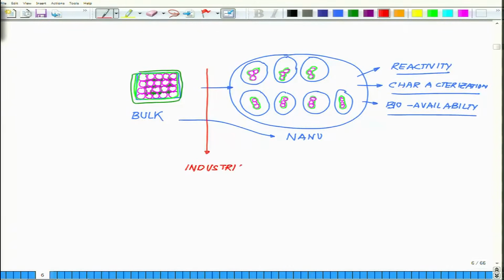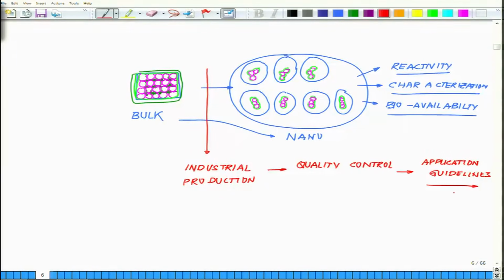This is another aspect of nanotechnology, industrial production, because it has to go through a whole series of quality control, and then what will be the application guidelines, and what will be the monitoring mechanisms.